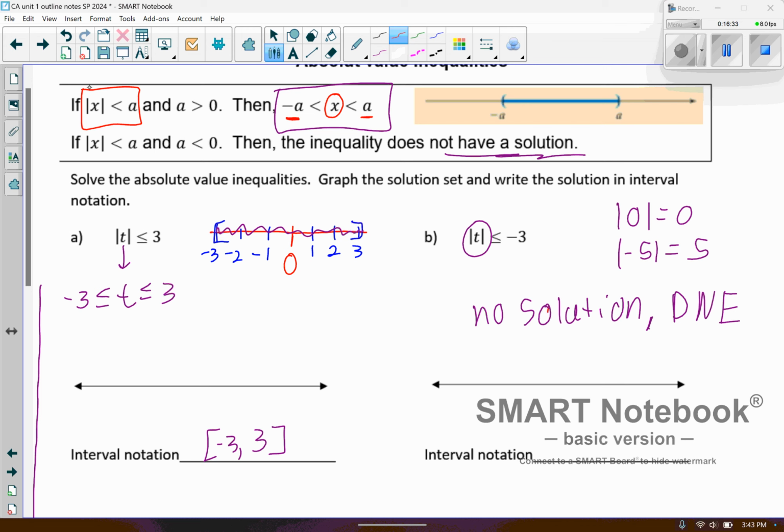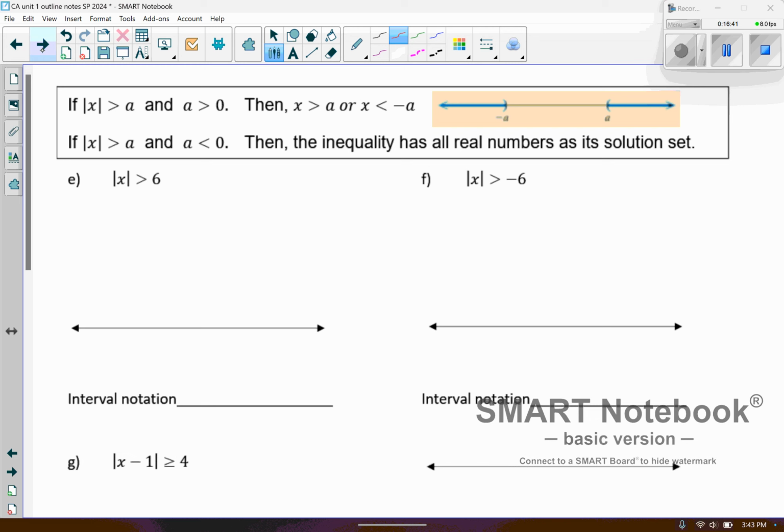So now we're going to actually look at what happens when the absolute value is greater than or equal to. So this is our last slide here. If the absolute value of x is greater than a and a is greater than 0, okay, so that's one of our stipulations, then what you're going to do is look at all the values that make this statement true: x is greater than a or x is less than negative a.